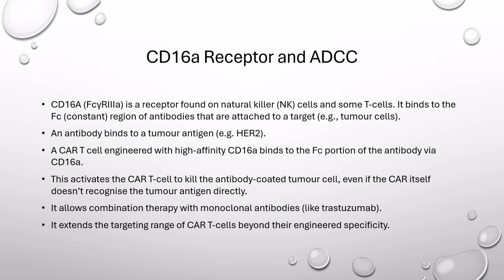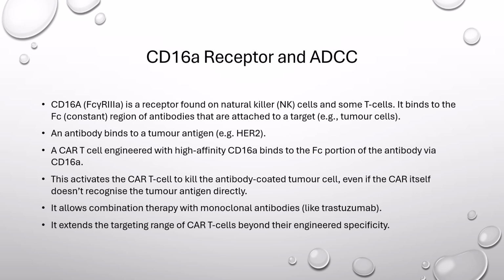So if your antibody is bound, in the variable region, to some antigen, then the T cell, which can be bound to the antibody, can then kill the cell that the antibody is attached to. And basically what it means is that if you're combining this product with monoclonal antibodies, then the T cells will kill off the cancer, even if they haven't bound to the cancer themselves, because they've got this receptor which interacts with the antibody.